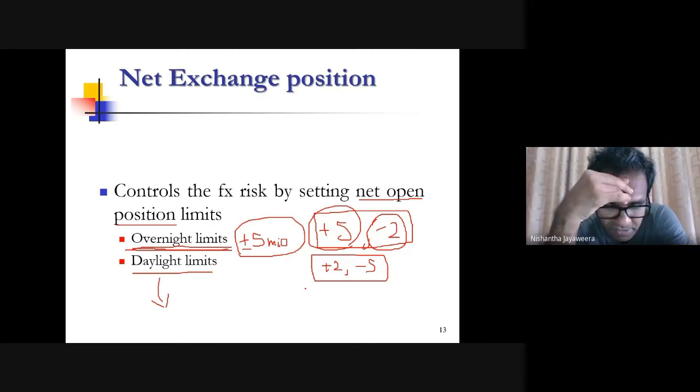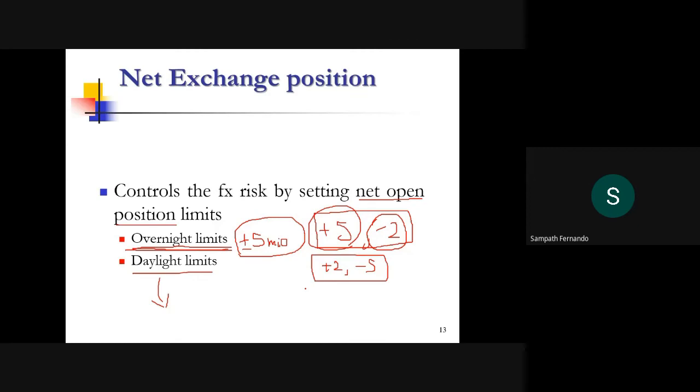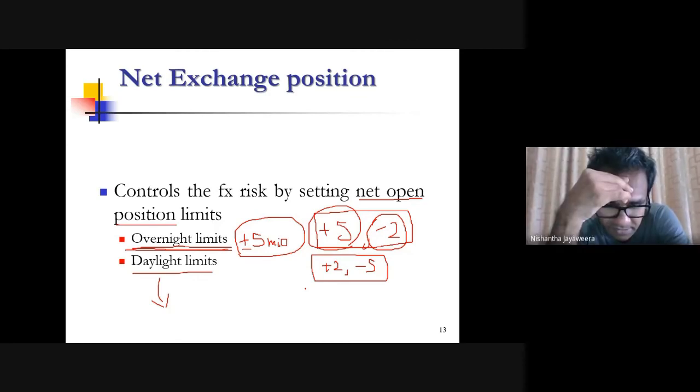Before the end of the day, he has to do a transaction with another bank in the market. If he can't find another bank? Very rarely would that happen. If you ask for a quote from a market participant, they should give you a quote. If the market is illiquid, then you should not take a position beyond that, knowing that you cannot cover it. If the market is illiquid, you should not take any bets.